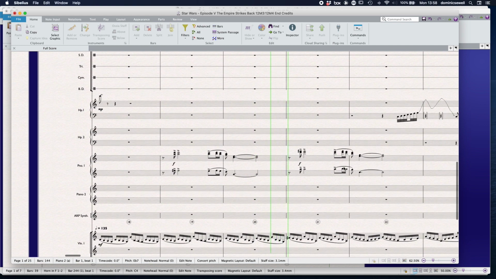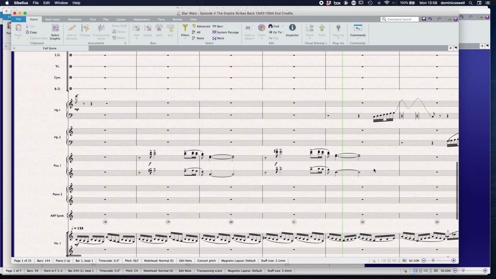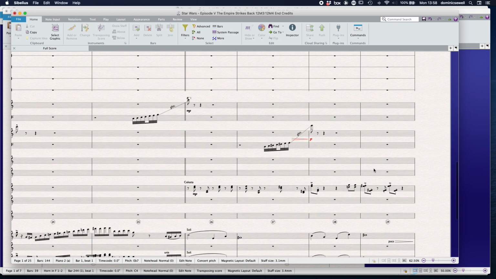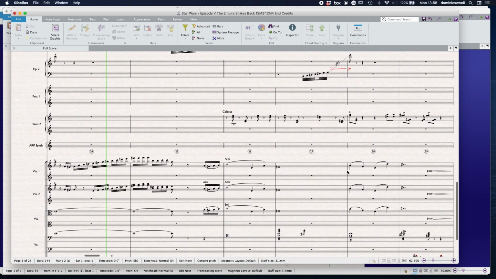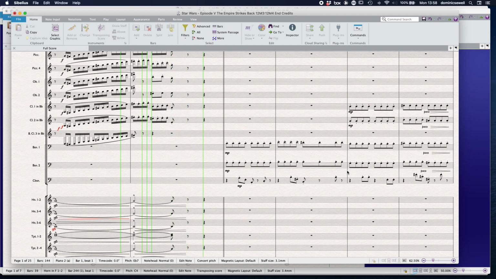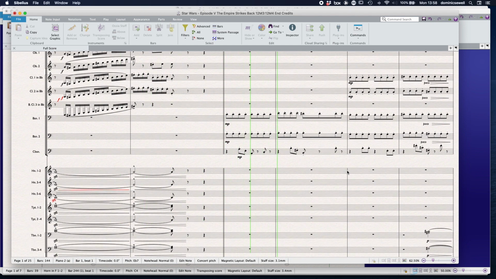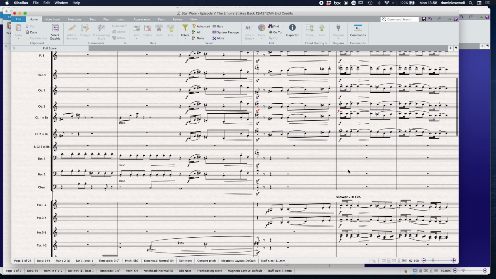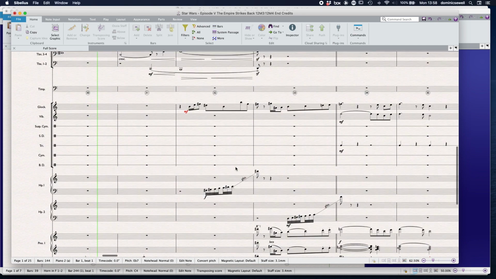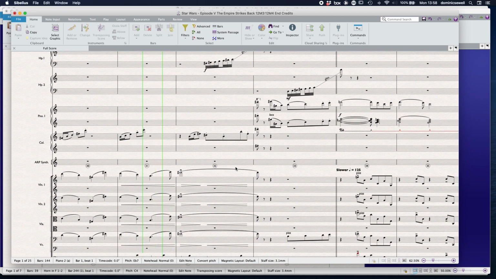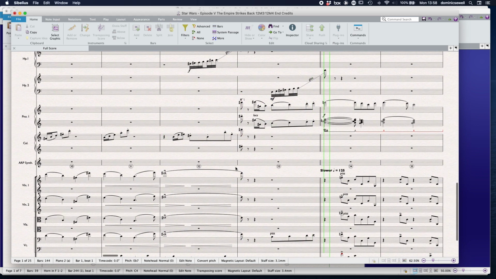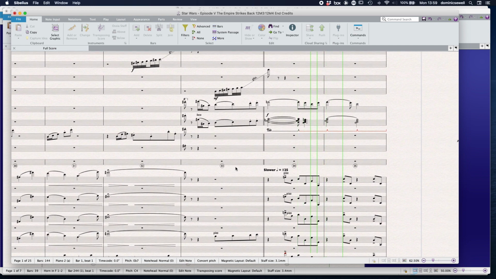Brilliant, Yoda's theme. Typical offbeat bass. So the B section of Yoda's theme.